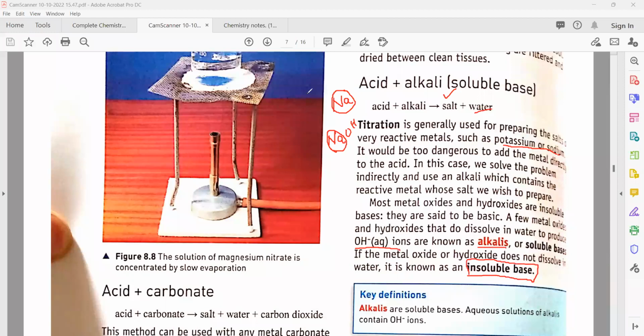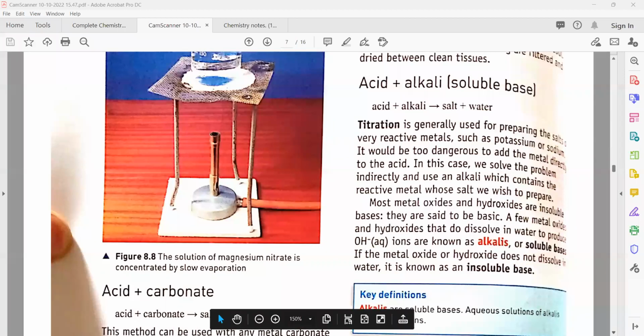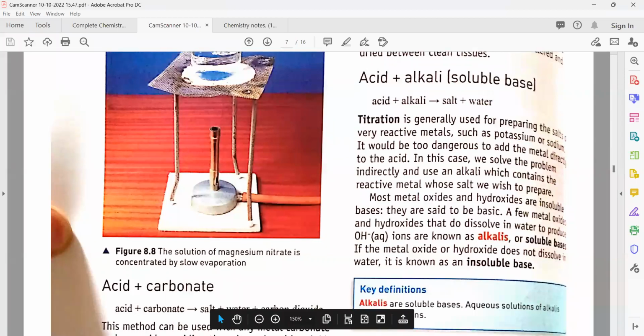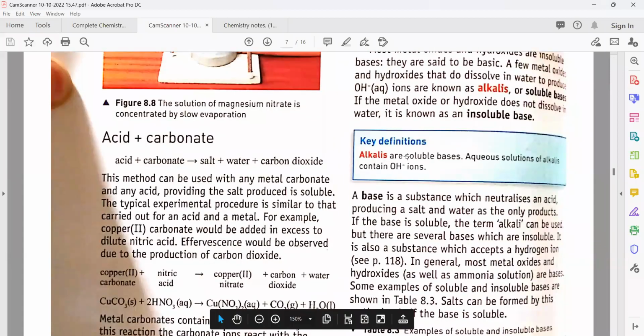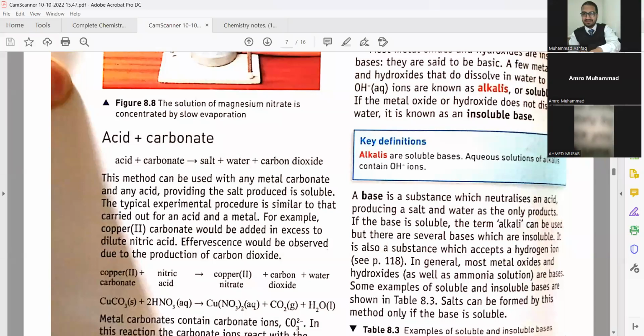Now, the alkali definition: soluble bases, aqueous solutions of alkali contain OH, the hydroxide negative ion. So here we're going to know about the base.